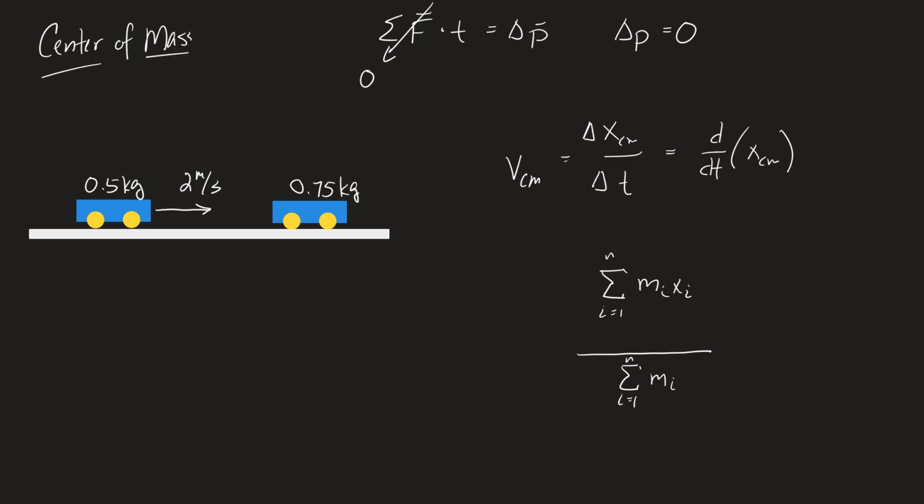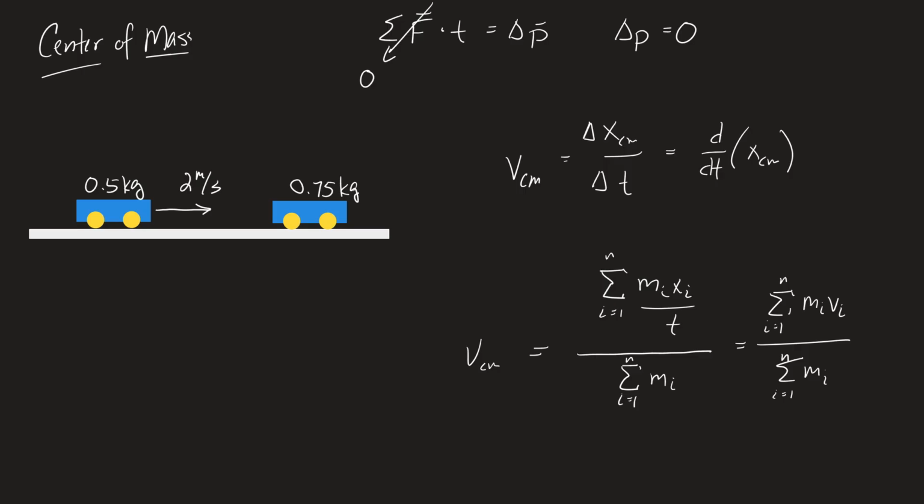Well, if that's center of mass, if I divide this by t, I wouldn't be dividing top and bottom. I'm dividing the entire thing by t because I want this to be the velocity of the center of mass. Then this would just change and be the sum of m_i v_i from first object to last object divided by the total mass from the first object to the last object. This would be how you would calculate the velocity of the center of mass of the system.